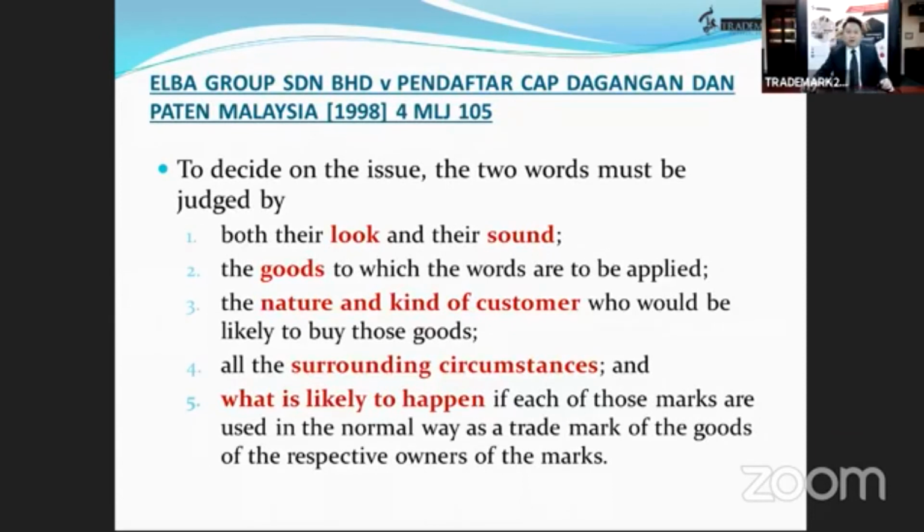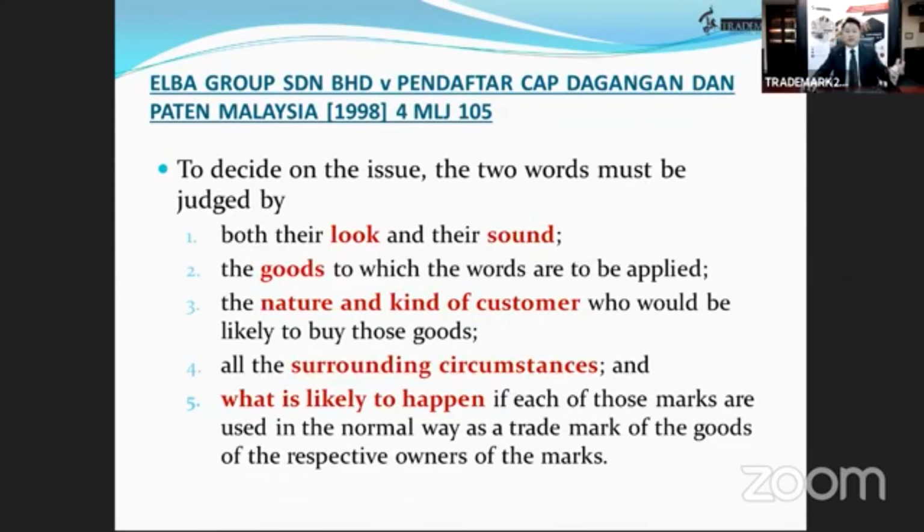And of course, the court looks at the nature and kind of consumers who are likely to buy the goods, and the surrounding circumstances. So these are the factors that the court will apply to determine whether these two trademarks are confusingly similar.